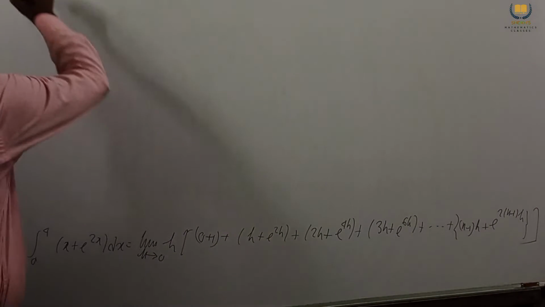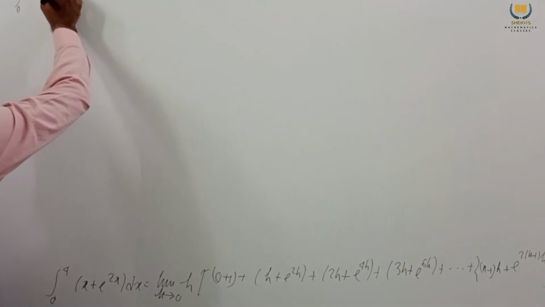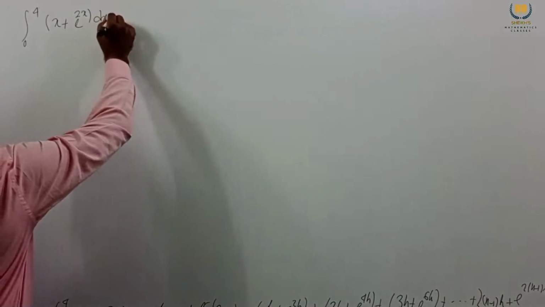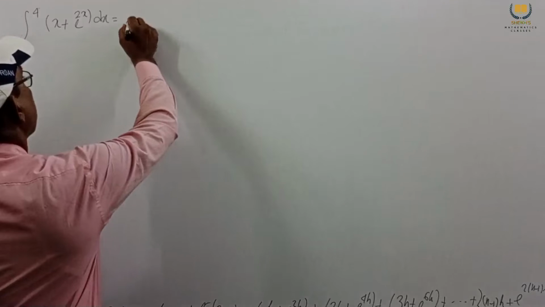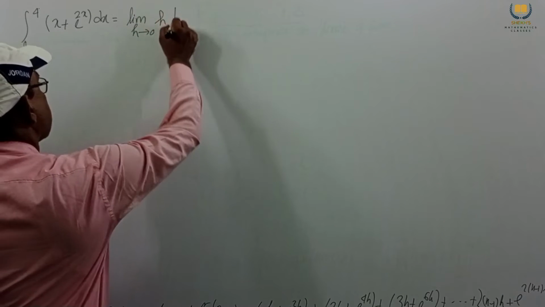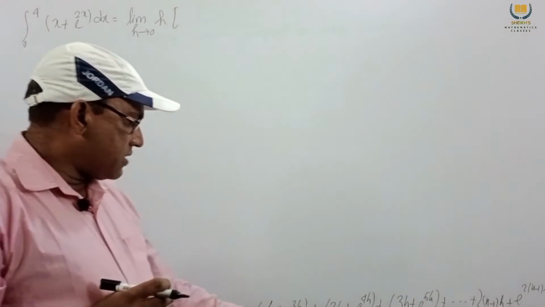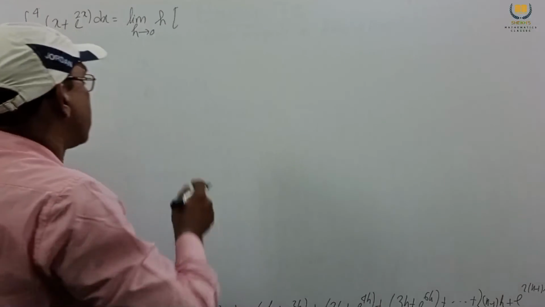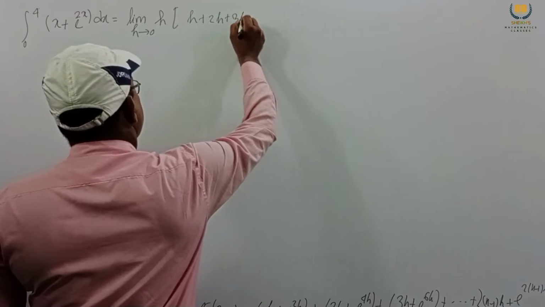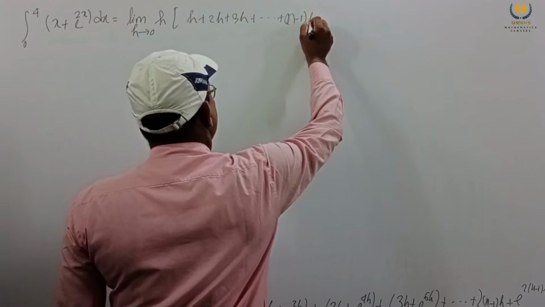So we get the integral from 0 to 4 of x plus e to the power twice x dx equal to the limit as h tends to 0 of h times. First we collect the first terms. This is 0, no need to write, h, 2h, 3h, dot dot dot, n minus 1 into h.